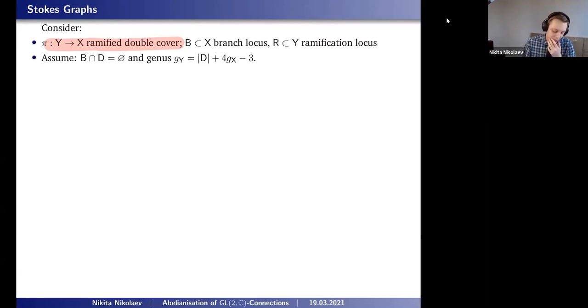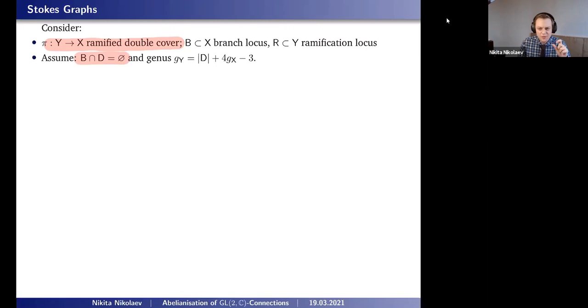Anyway, it doesn't matter. So then I want to make a couple more assumptions. First of all, I want to make sure that I'm separating the branch locus and the polar locus. There's no real harm in combining them, but then the construction becomes more confusing. So I just want to separate them.